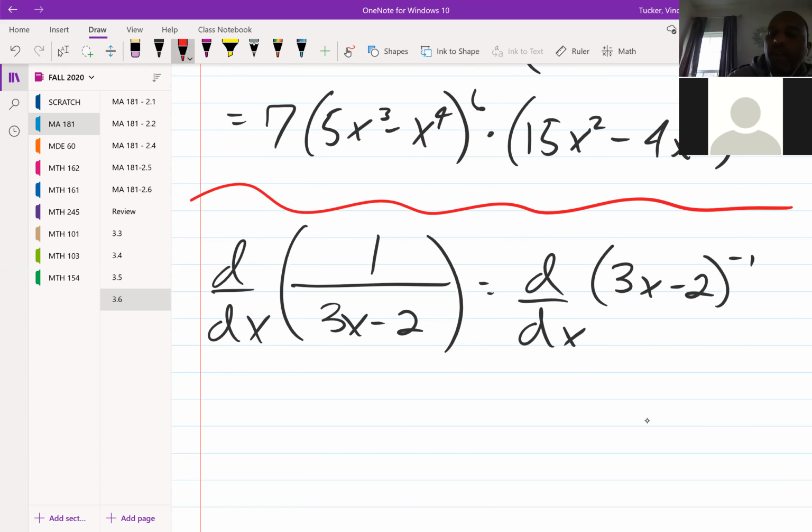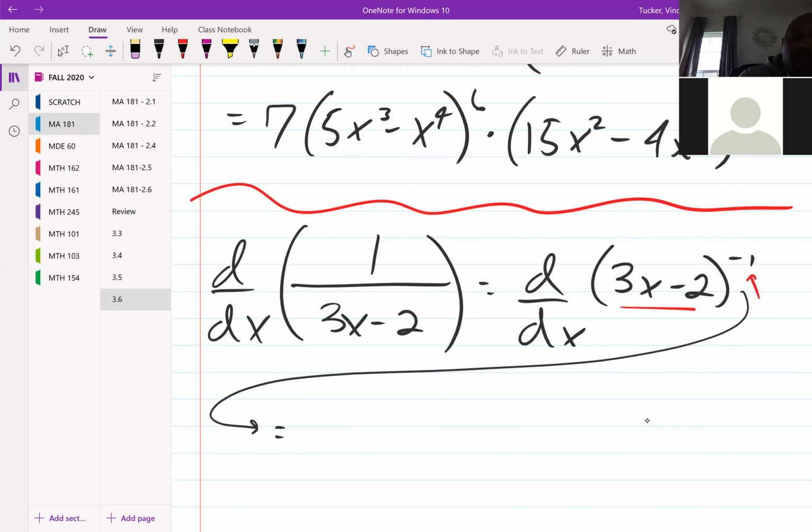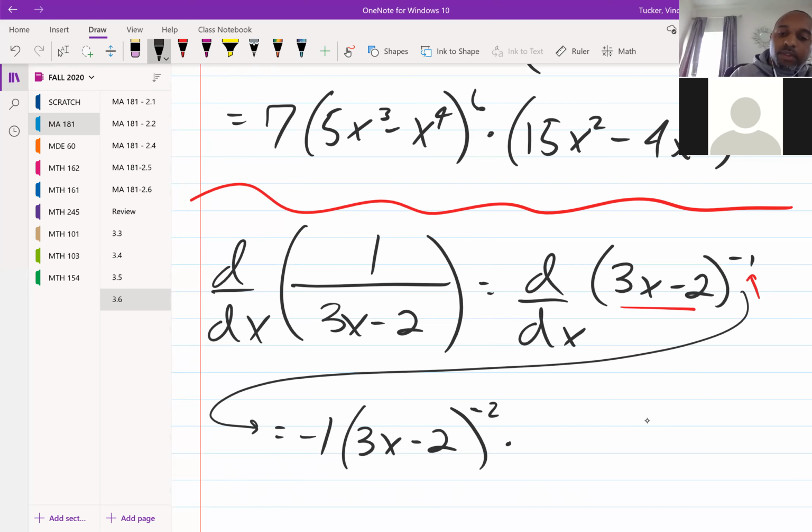So we have inside, outside. As far as the outside goes, we're going to bring the negative 1 down front. Be careful here: negative 1 minus 1 is negative 2 as an exponent.